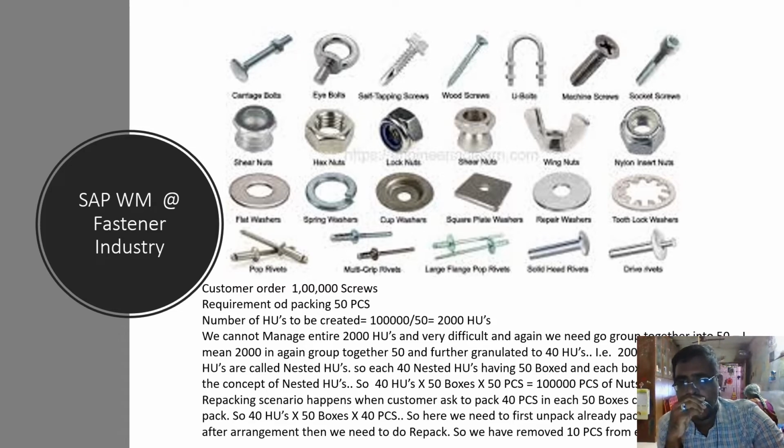Even a small screw is considered very important. These small nuts and screws don't have any identity separately unless they are packed in a group of 50 or 100 bolts or nuts, with customer-specific packing requirements.